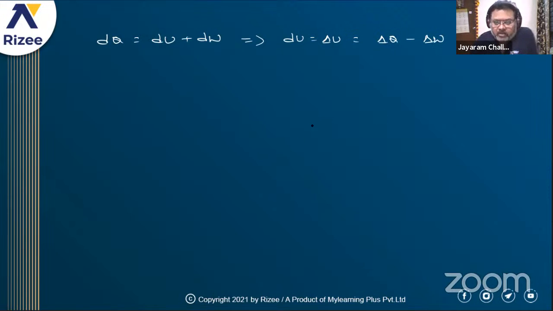In this one, delta q has been given. We have to find delta w, the work done, which can be written as pressure into delta V, which is P into V2 minus V1, final volume minus initial volume.